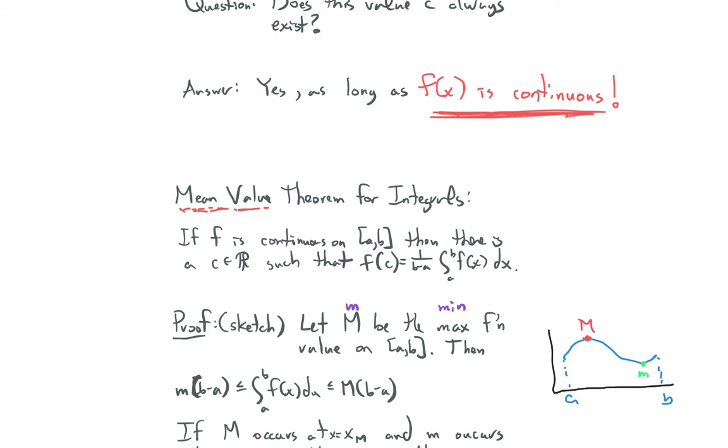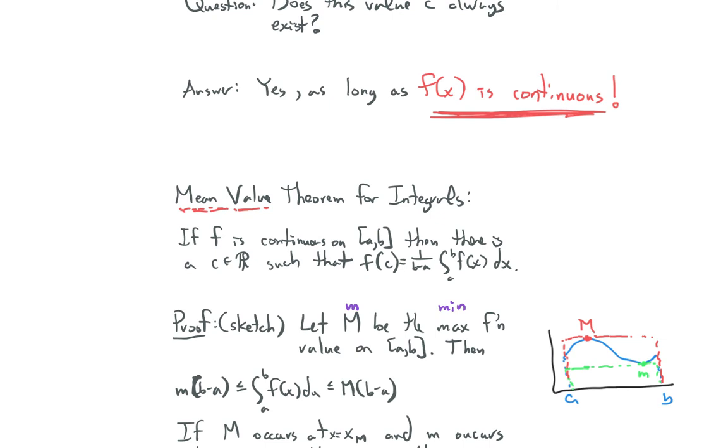So our minimum rectangle obviously underestimates our area, and our maximum rectangle obviously overestimates our area. So indeed this integral is squeezed between the minimum and the maximum rectangles here.